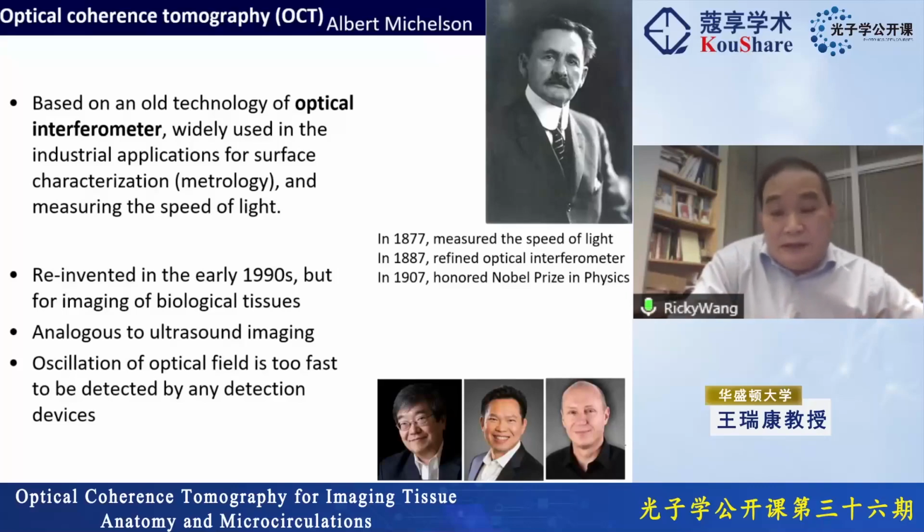So this is a difference between ultrasound imaging and OCT. In OCT, you use the microscope interferometer to mix the ultra-fast oscillation of the light into a low frequency so that you have the photodetector to detect the oscillation of the light, okay?